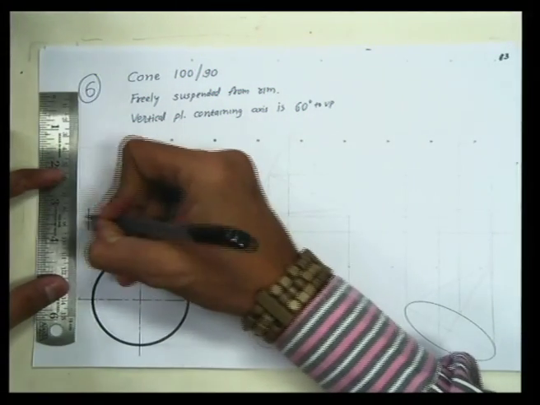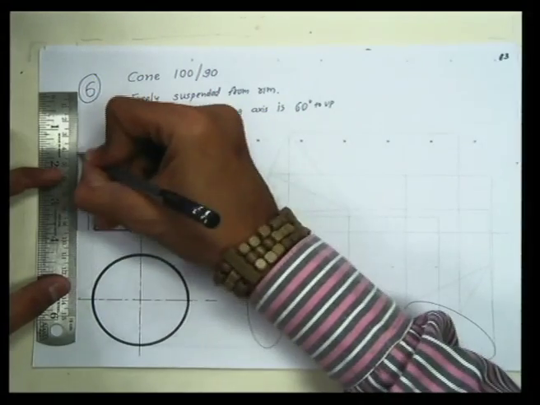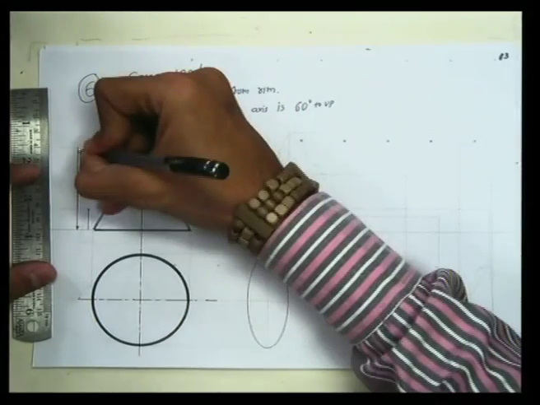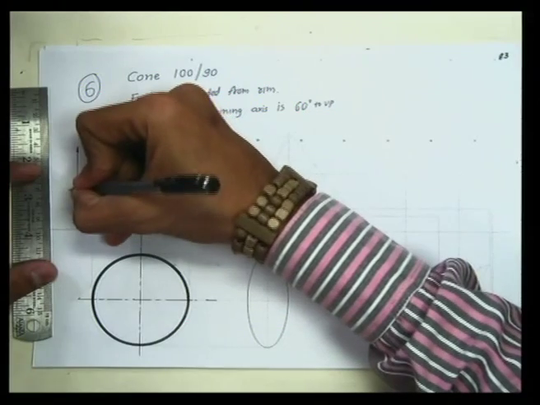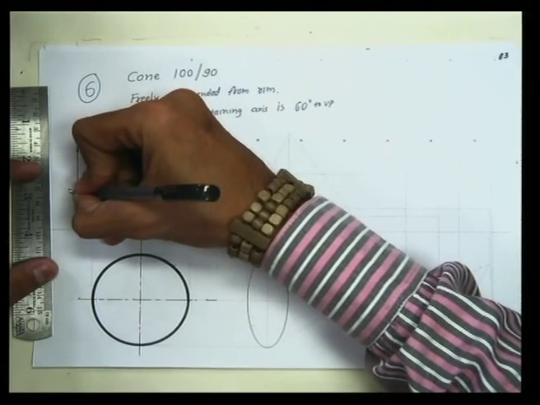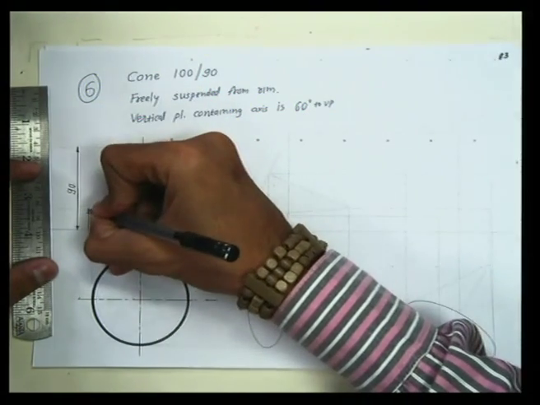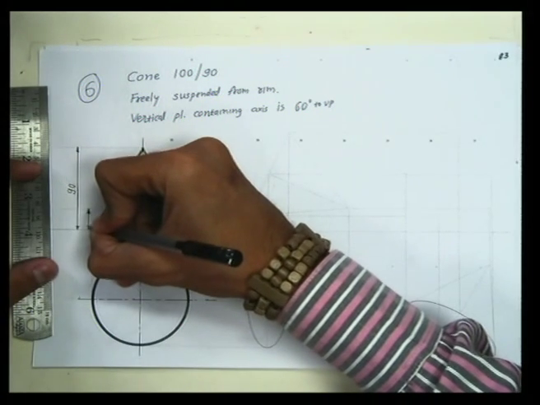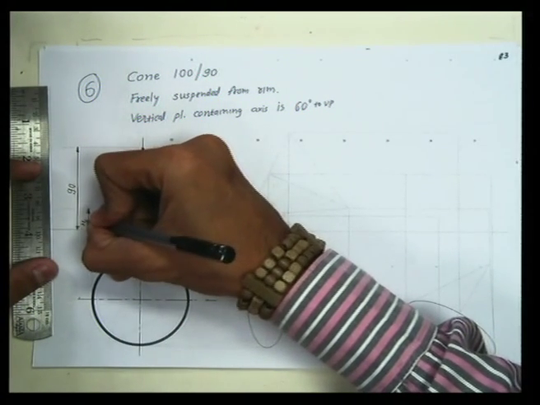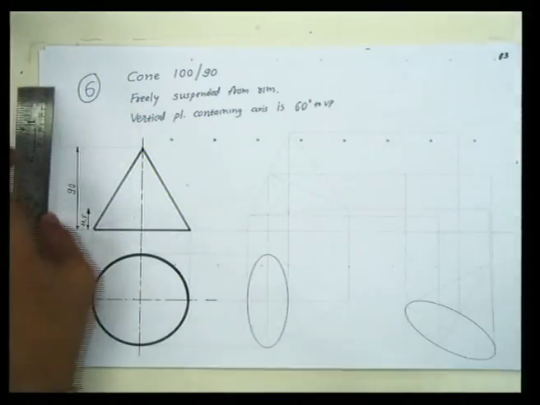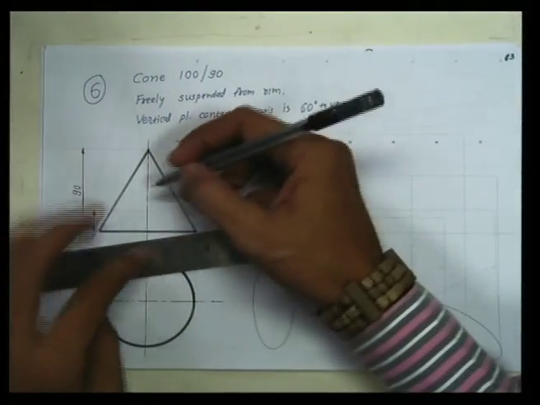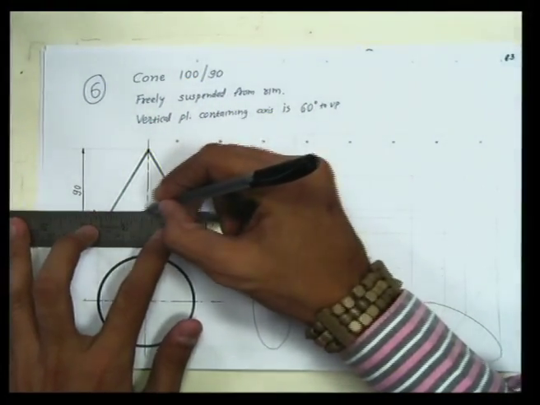So this height and this height, we know the total height of this solid is 90 millimeter. So this height would be 90 upon 4, that is 22.5 millimeter. 1/4 of its height would be center of gravity, and the CG will be somewhere here.